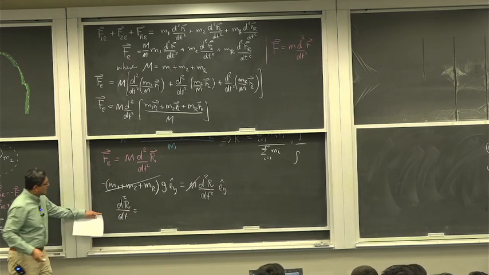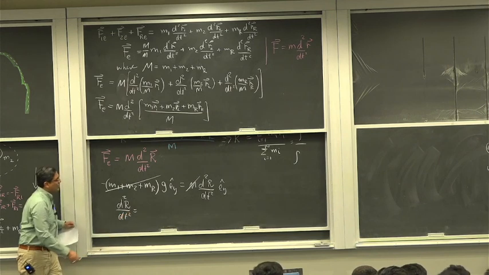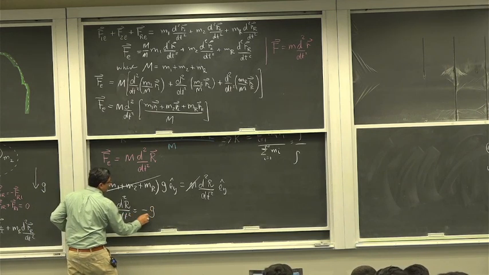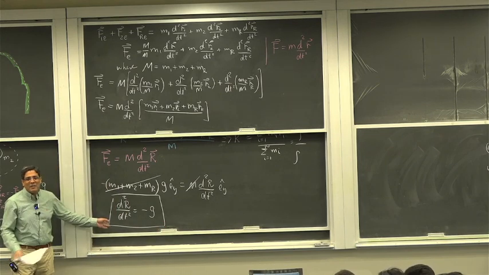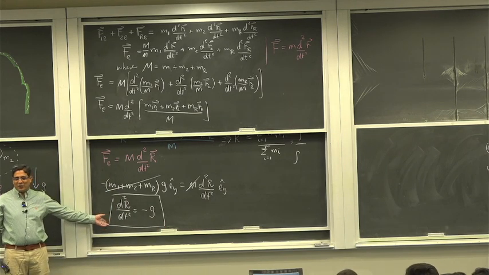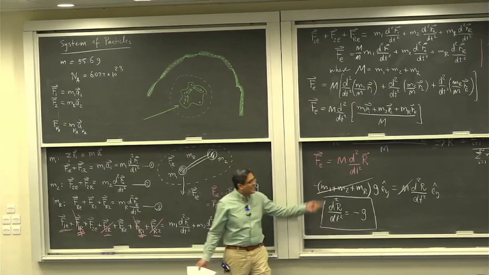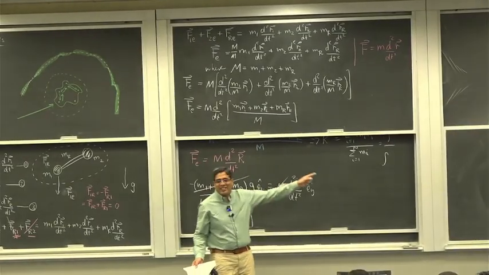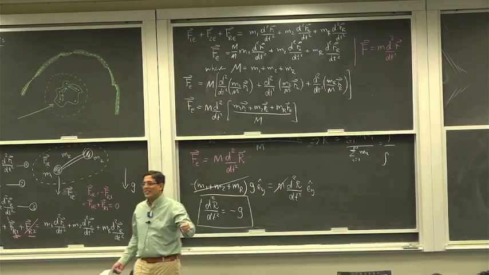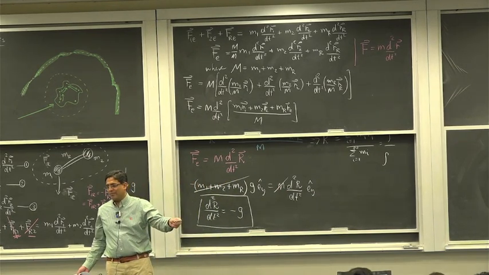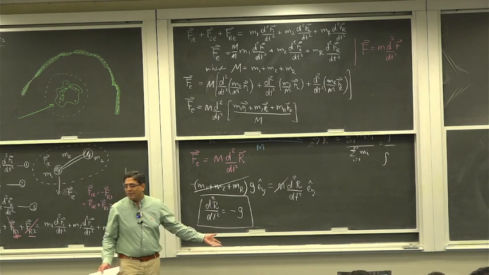The acceleration of the center of mass is equal to what? Minus g. You see, the center of mass, no role of the internal forces. The center of mass is going to fall exactly like a point particle in the gravitational field of total mass M, right?